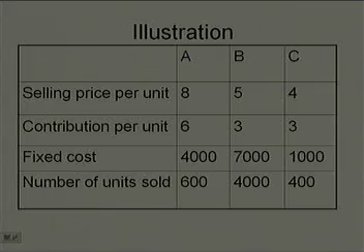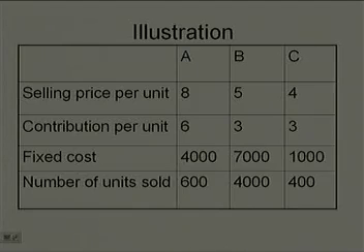Now, the fixed cost associated with product A is $4,000. Fixed cost associated with product B is $7,000 and finally, for C it is given to be $1,000.